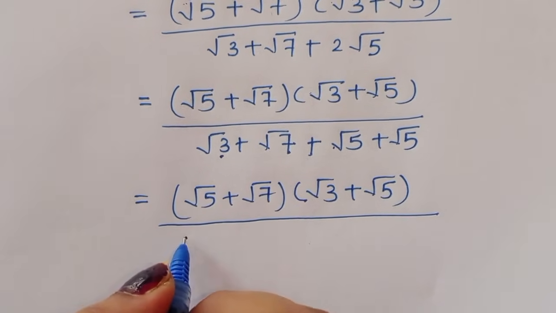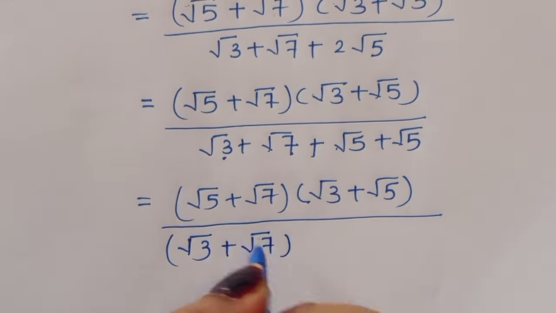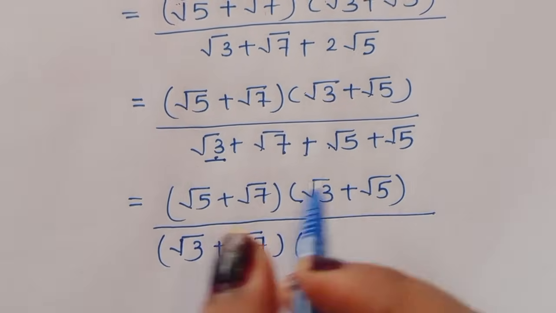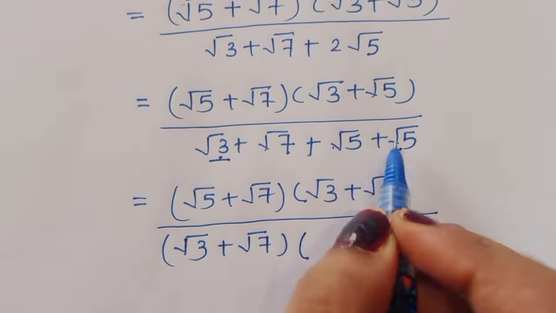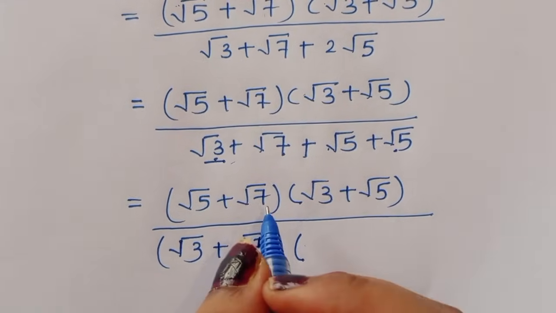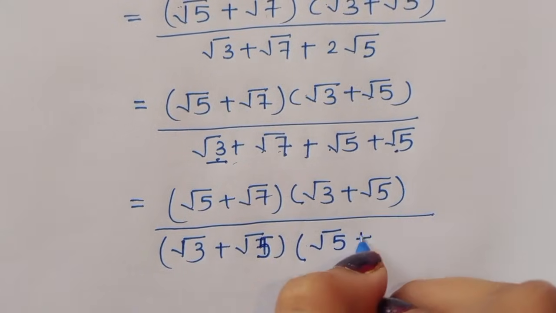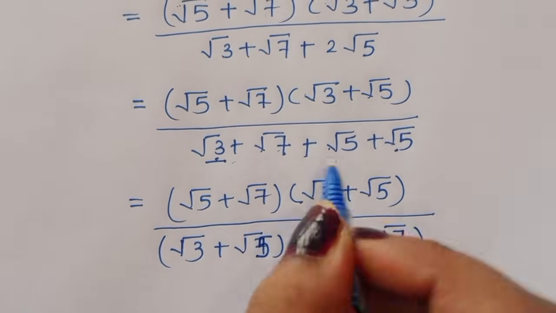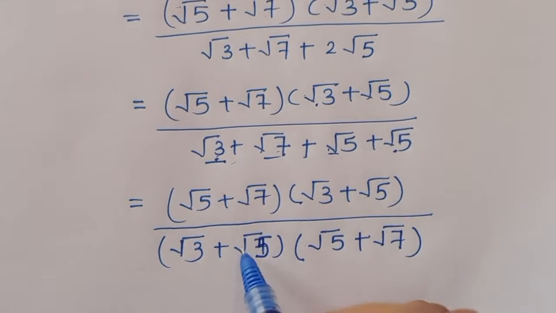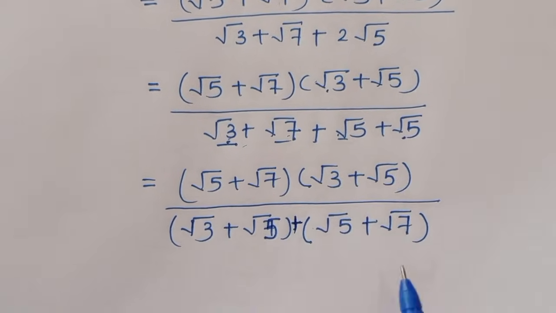So we can write here √3 + √7, √3 + √7 and √3 + √5, because we have to separate this term here. This is √5 and in the next term that is √5 + √7, right? This is 5 plus 7, and √3 + √5 we already have, and here plus. So this is plus here, right?